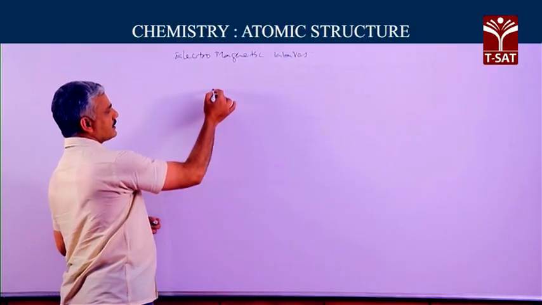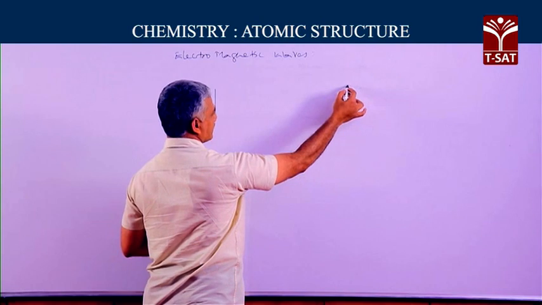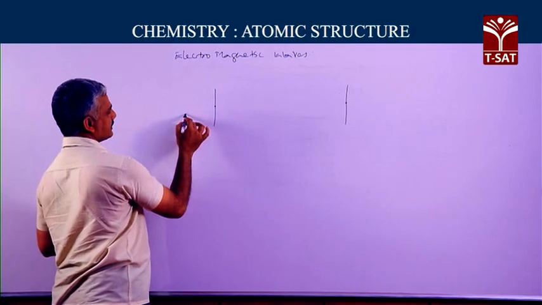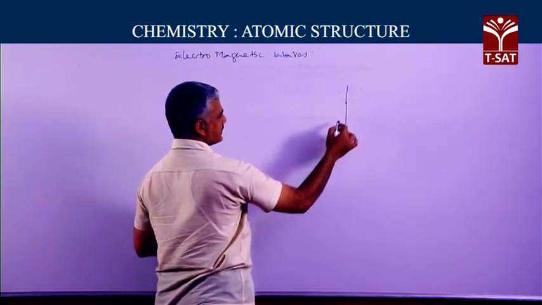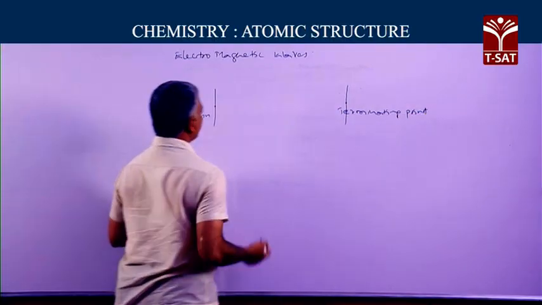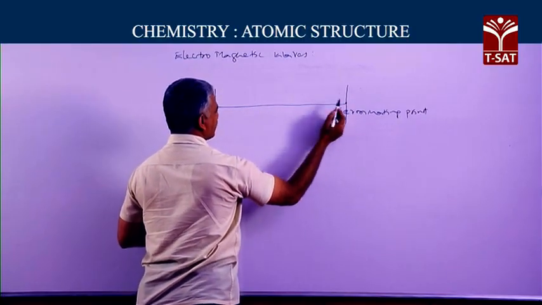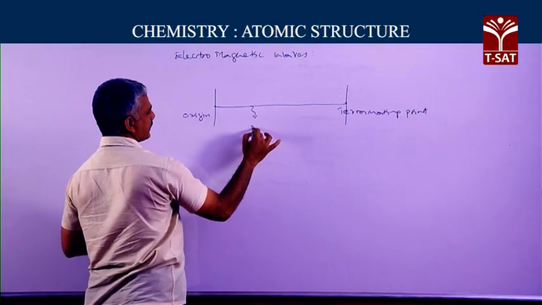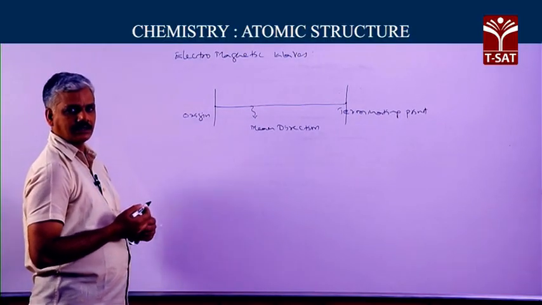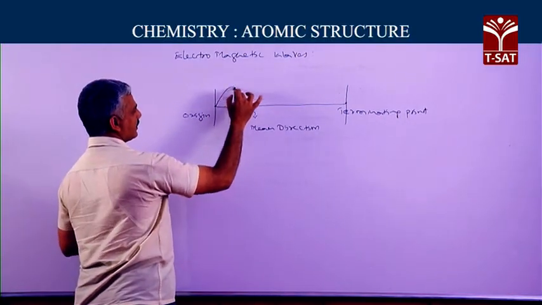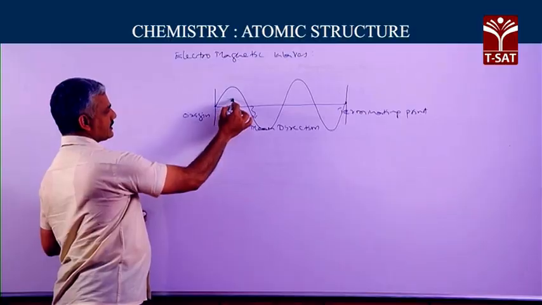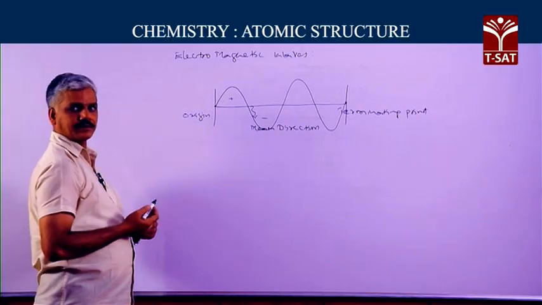This wave is generally present between 2 points. Arbitrarily, one point is taken as an origin and one point is taken as a terminating point. This direction is taken as the mean direction. Based on the mean direction, the wave will be oscillating both in the positive direction as well as negative direction. If it is taken as positive, this will become negative.